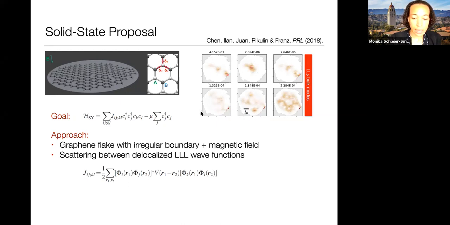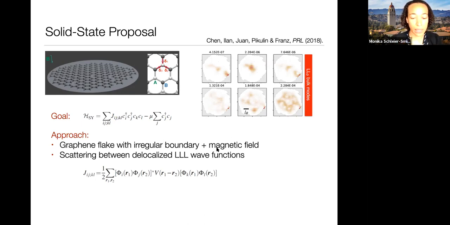In this case, in the lowest Landau level, the wave functions have some kind of non-local, almost random looking structure. Some of them are shown here. If you look at the scattering between these delocalized wave functions, because of the delocalization, they're all coupled to each other.